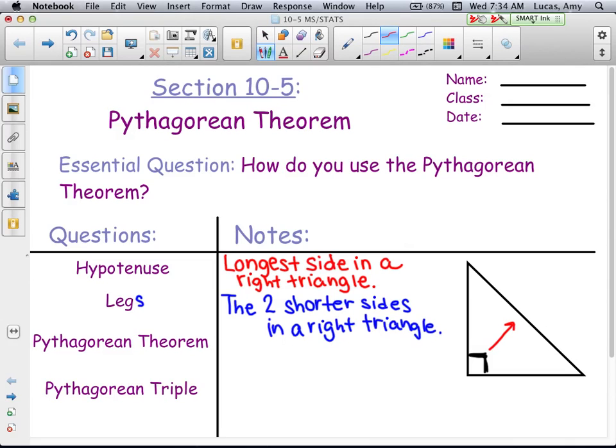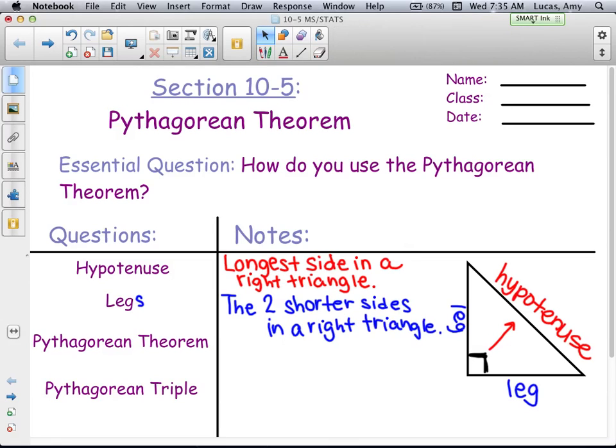It's across from that right angle, and the 2 legs, the shorter sides, make the 90-degree angle, like this. So the 2 legs are shorter, and where they meet with each other is the right angle. And then the hypotenuse, the longest side, is across from that right angle.